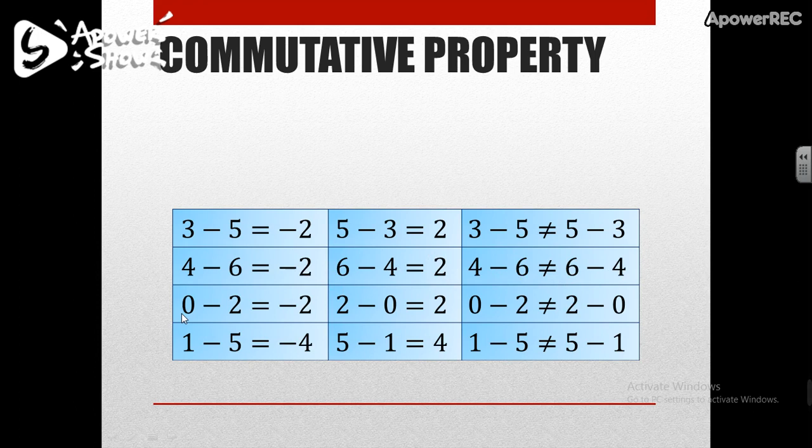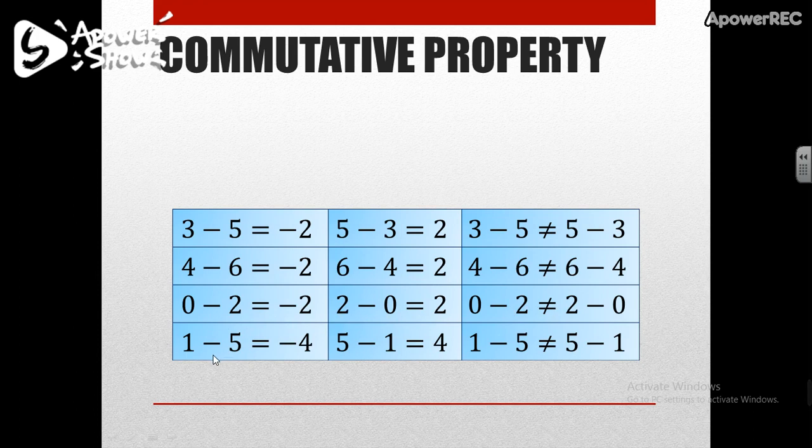In the third one I am taking two whole numbers 0 and 2. So 0 minus 2 equals minus 2, and 2 minus 0 equals 2. So here I am getting a negative number, here I am getting a positive number, and a negative number is not equal to a positive number. That means 0 minus 2 is not equal to 2 minus 0.